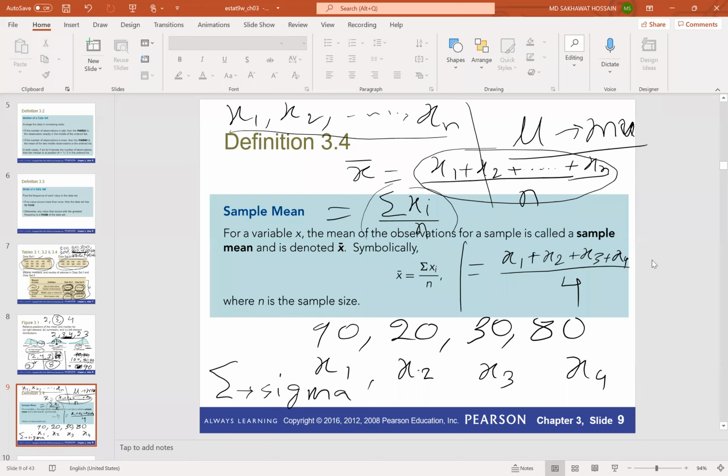Sigma xi, where i is 1 to n, we can also write i equals 1 to n. This symbol means we are adding n numbers, x1 to xn. Sigma of xi, with i equals 1 to n, means we are adding the numbers x1, x2 up to xn. So that's the meaning of this notation.